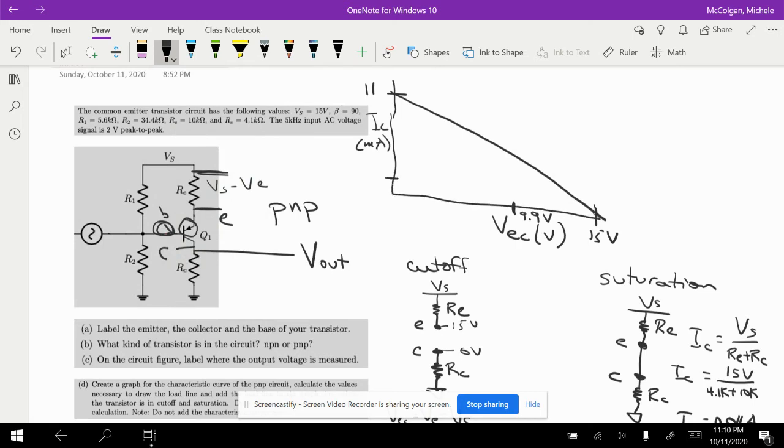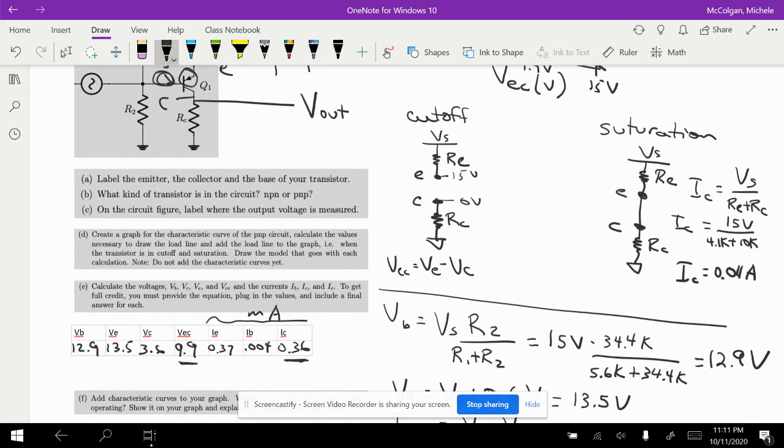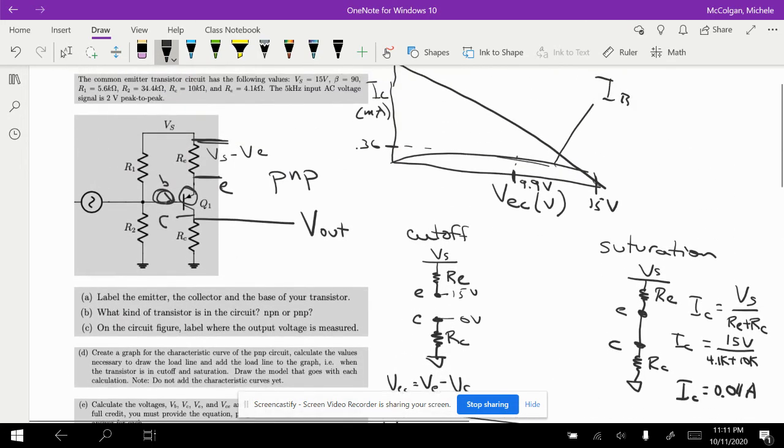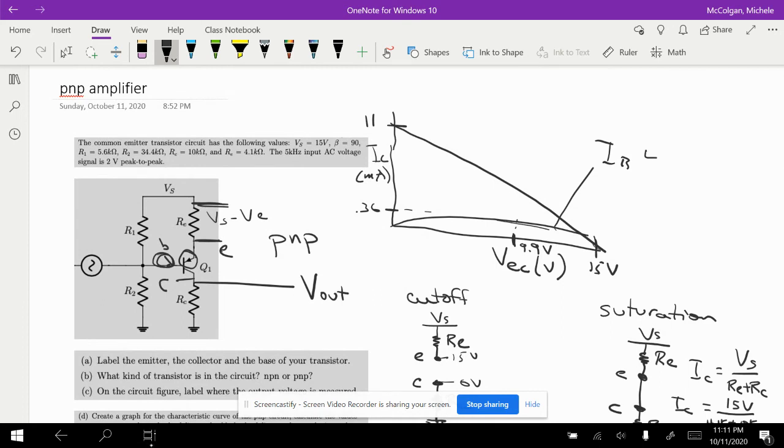So we're down here, pretty low, and so we're not really operating very well. This is our base, so our IB in this example is 0.004 milliamps, so 4 microamps. So we haven't done a great job in designing this circuit.